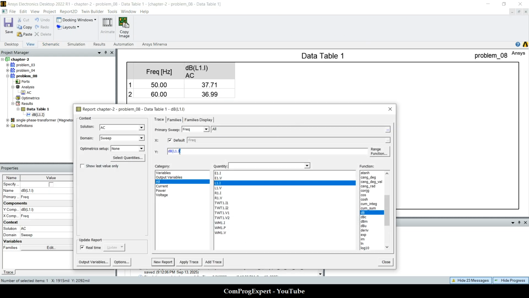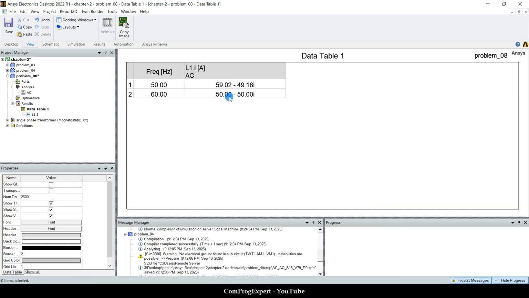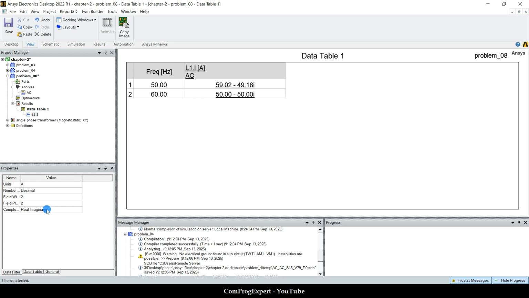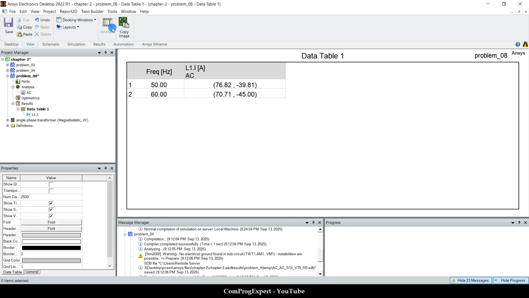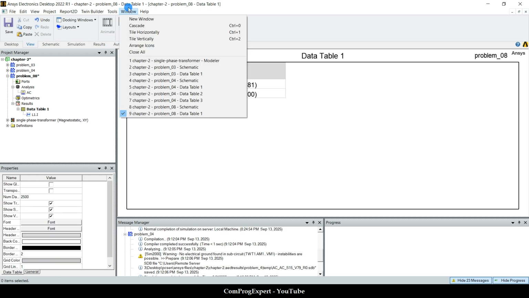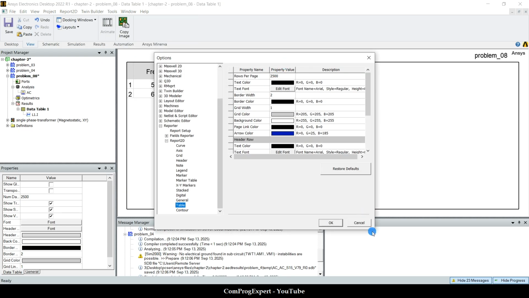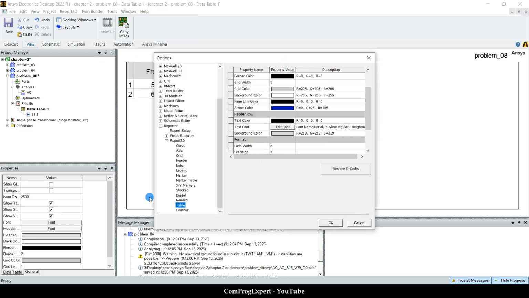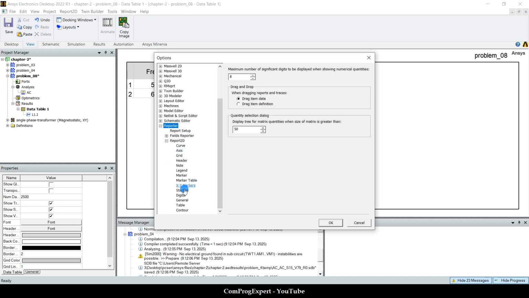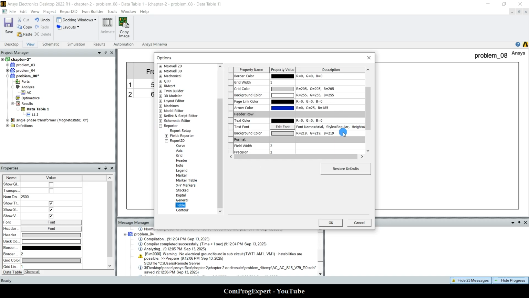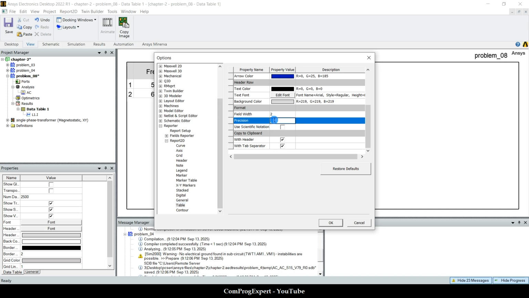Here we have the decibel function. We need to delete this, apply. And let's show it in magnitude and phase. From here, tools, options, you can set the default. When you generate this report, a table, you can set the precision.